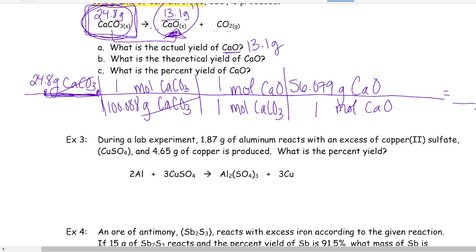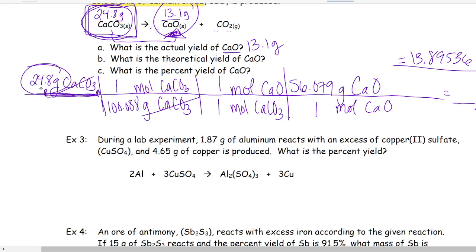And then I hit enter. And I calculated 13.89536. So I write down a whole bunch of decimals, but then I look at the very end to see my significant figures.